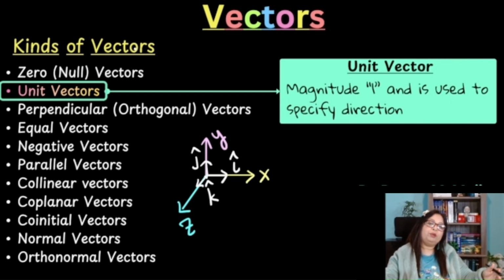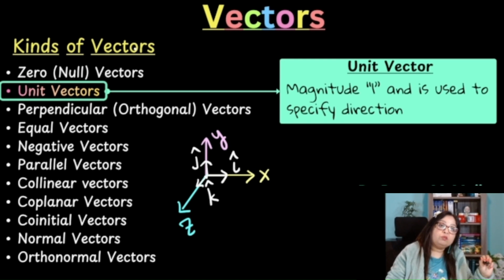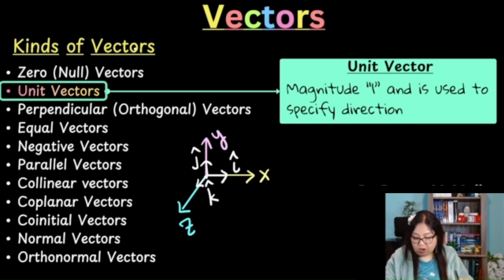Well, not exactly in between, somewhere there, but in order. I is to X, J is to Y, K is to Z. And these are unit vectors. They represent direction only. What is their use? You're going to see their use in the next lecture when we learn how to split a vector into components. Okay? All right. Moving on.